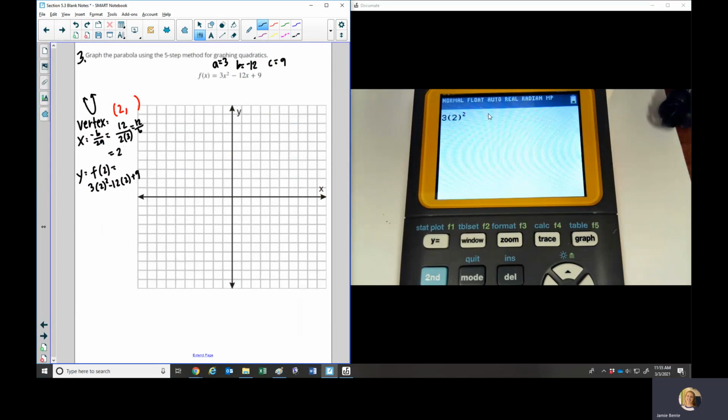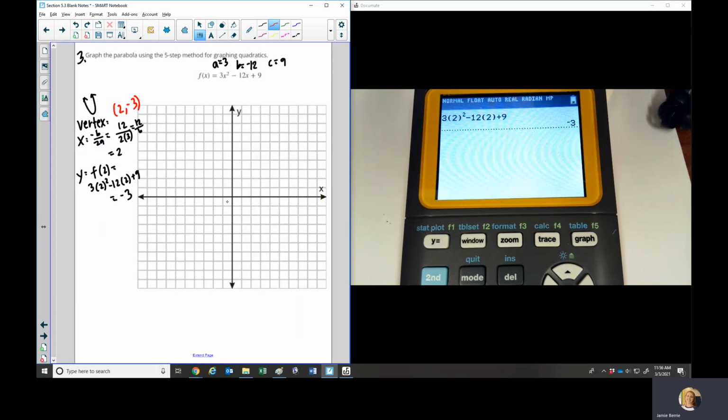The parentheses there is very important. That tells the calculator that you're only going to be squaring the 2. You don't want to square the 3. Get out of the exponent. Minus 12 times 2 plus 9. So it's negative 3. So there is your y coordinate, negative 3.